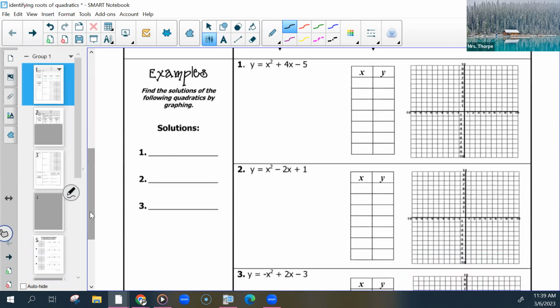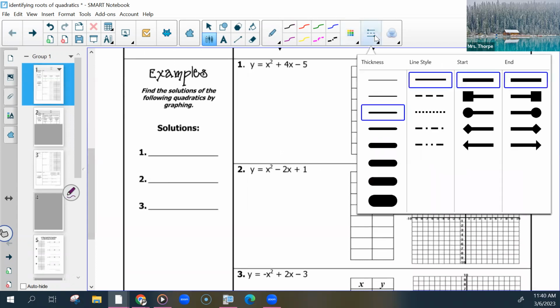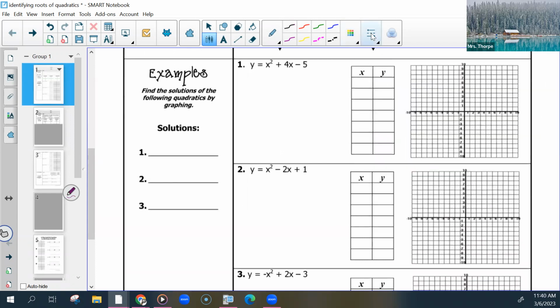Okay, so we're gonna do 3 problems, 1 algebraically, 1 in the table, 1 in the graph, and find the solutions. So let's do number 1 algebraically. So that's going back to what we were doing when we first started this, finding our axis of symmetry.